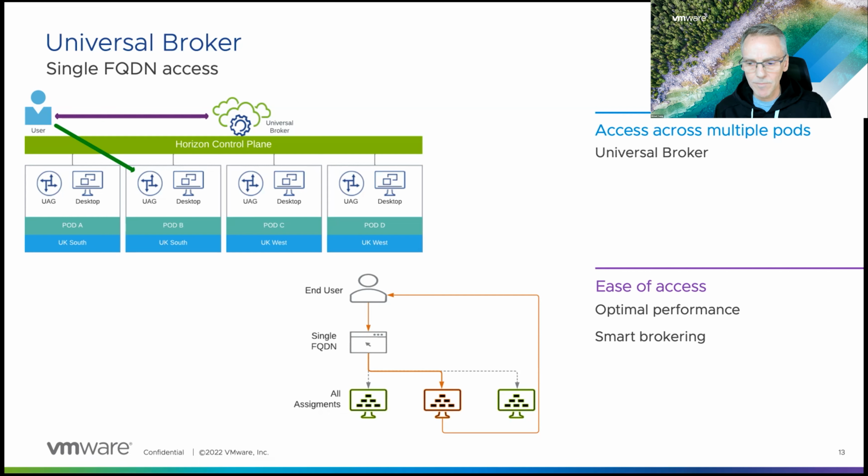And because the universal broker uses resources from the assignments, it's only really looking at assignments and not looking at individual pods as such. So it just looks at the assignment, where those assignments are associated to, and then delivers you the desktop that's credited to that. One limitation here is that you can only have 5 groups to a single user.